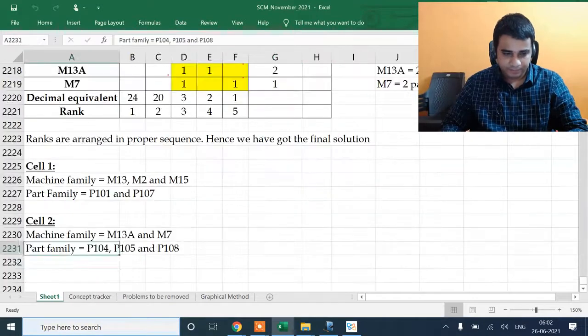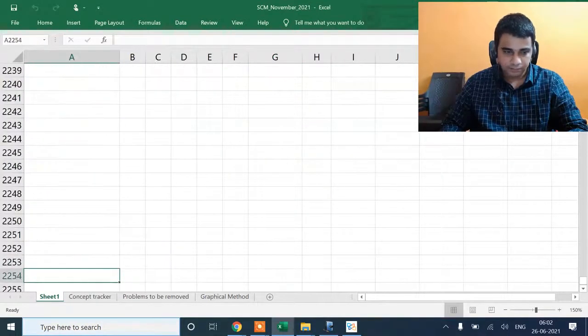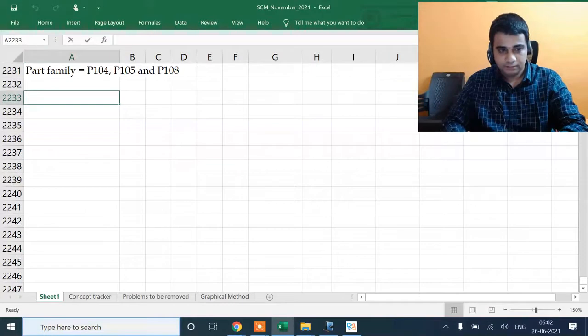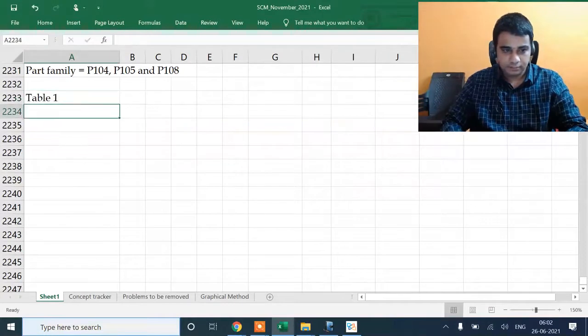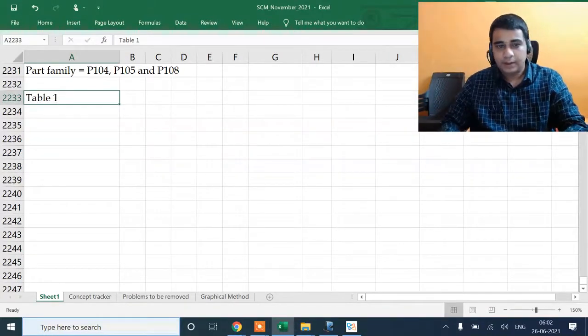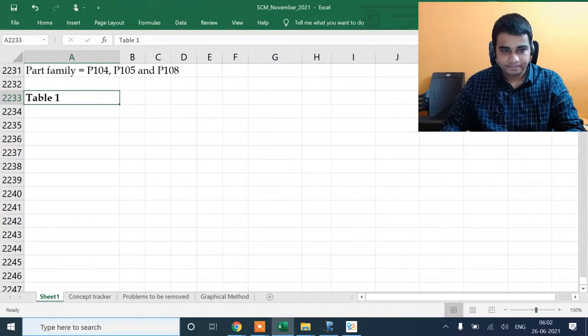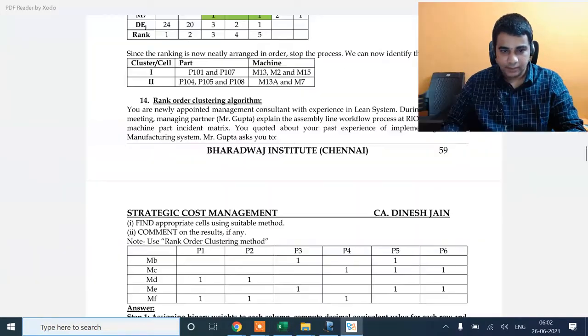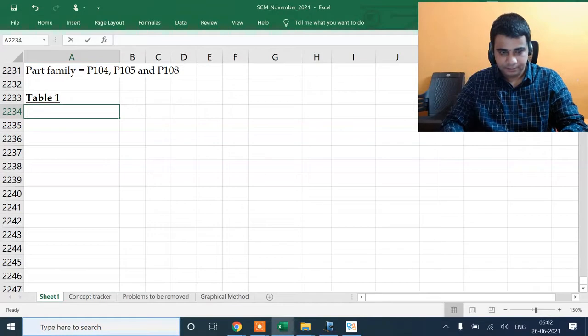Table 1. This is in your additional material, okay? So your entire discussion of cellular manufacturing is there only in the additional material.